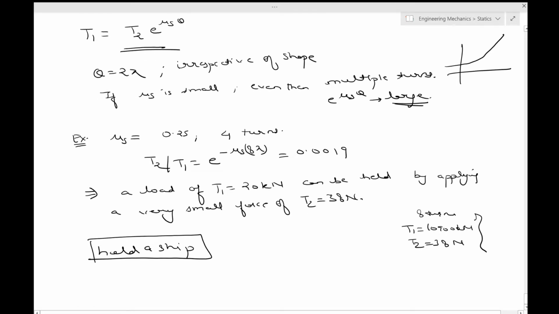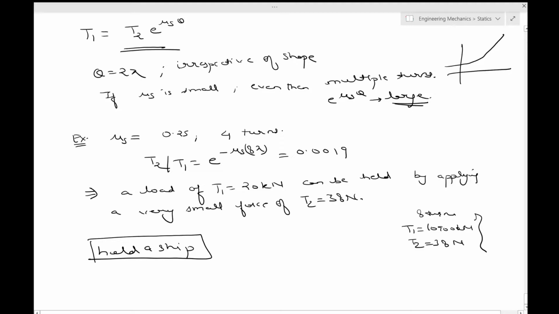You must have learnt about moorings. A sufficient number of turns will cause this. As you can see, if you take more turns, how much more tension you can hold on the other end.